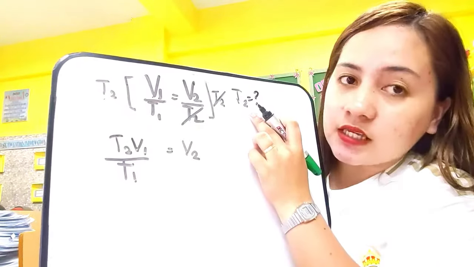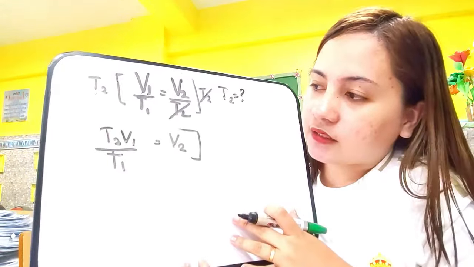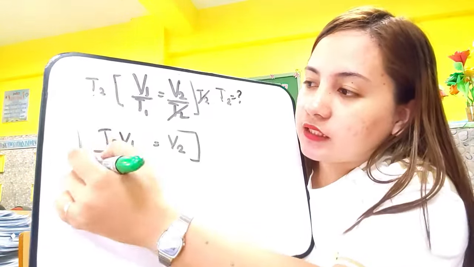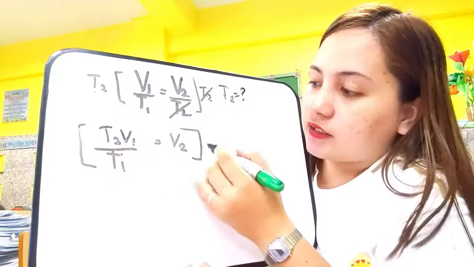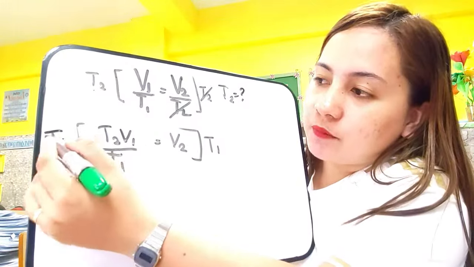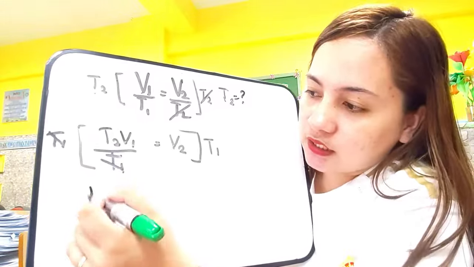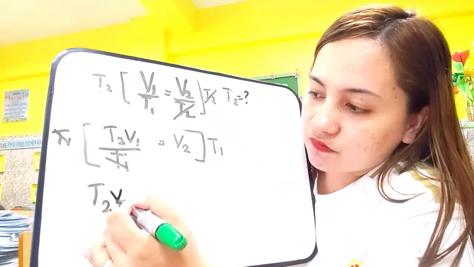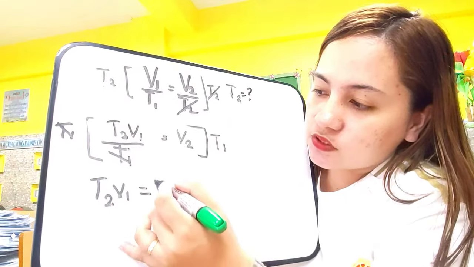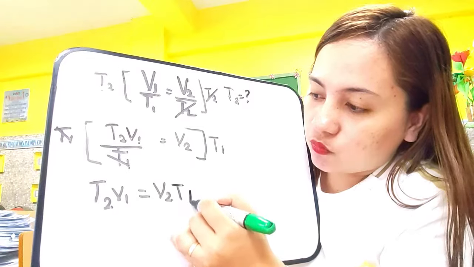Napagsolo na ba natin sa isang side si T sub 2? Hindi pa. Gagawin naman natin ay i-multiply natin ito both side sa denominator na T sub 1. Para ito naman ang ating ma-cancelled out. Ang matitira ay T sub 2 times V sub 1 is equals to V sub 2 times T sub 1.